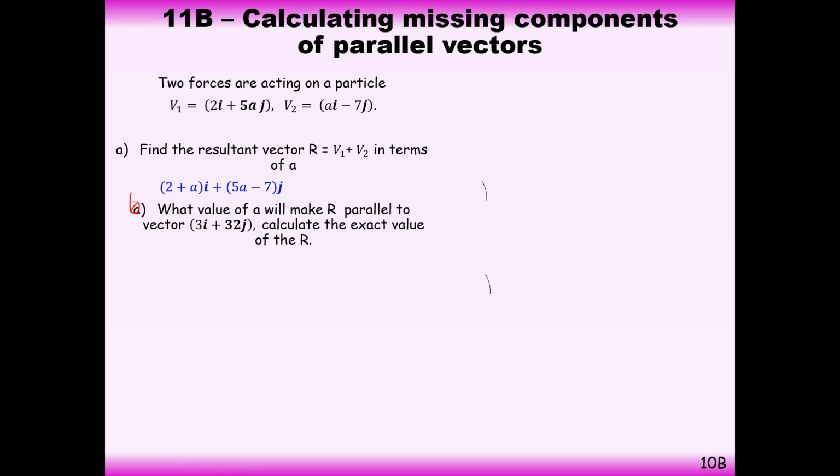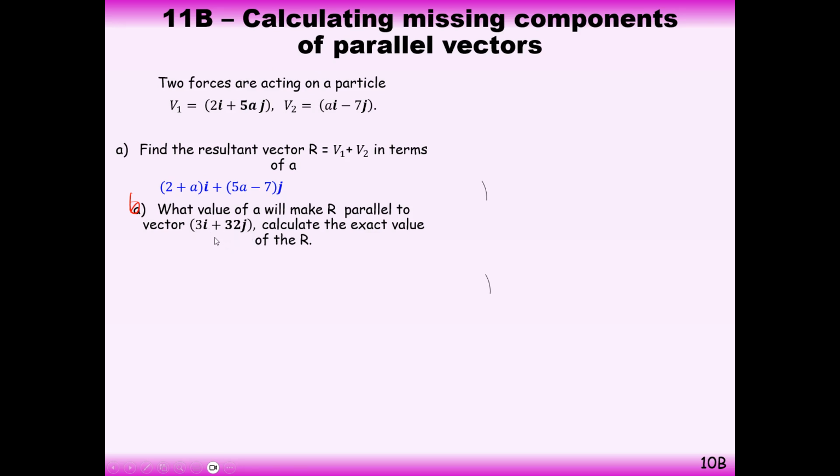Now in the next part of the question, this should be part b. What value of a will make r, the resultant vector we found, parallel to 3i plus 32j? Calculate the exact value of r. So we need to figure out what a is if it's parallel to 3i plus 32j.